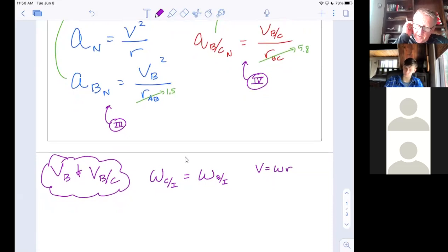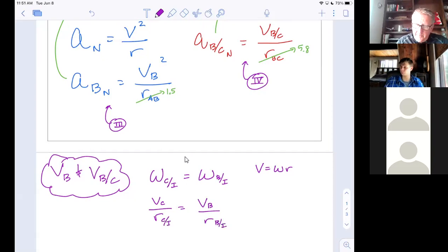If I solve that for omega, it'd be V over R. So I can take V of C and divide it by the radius that goes with it, and that would have to be equal to the velocity of B divided by the radius that goes with it. And of course, that radius in this case would be CI and BI.